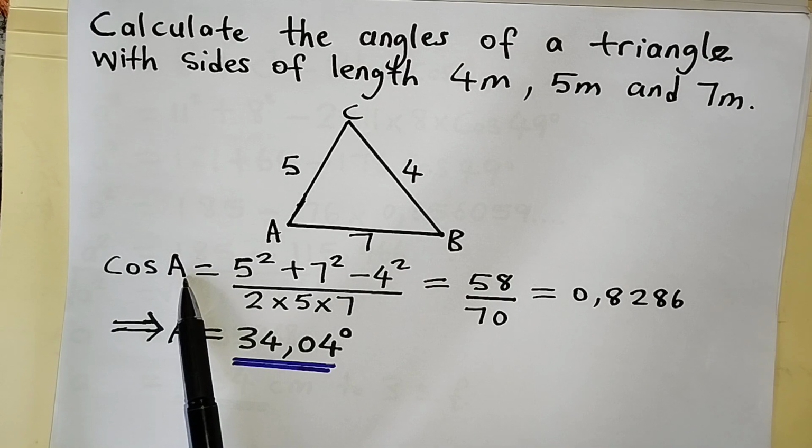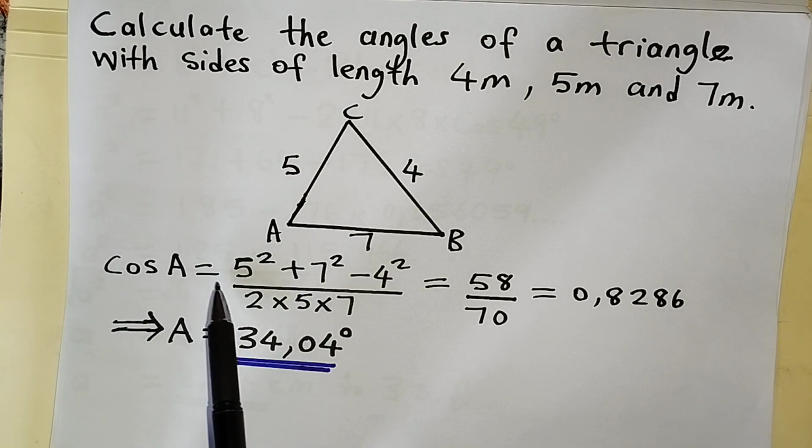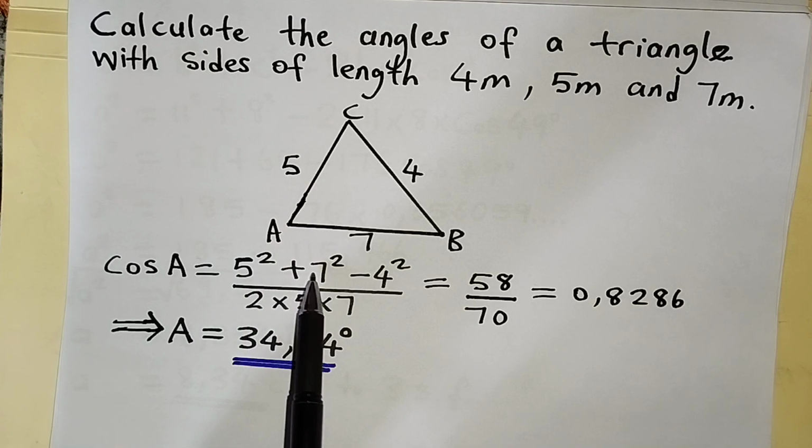So cos A equals the square of the first side length which contains my angle plus the square of the second side length which contains my angle.